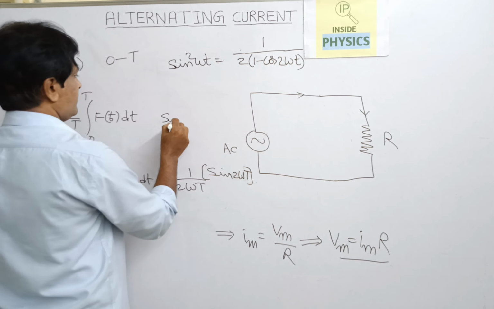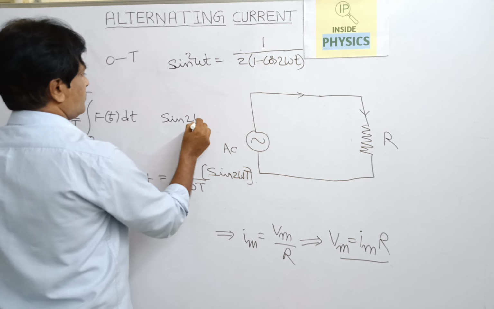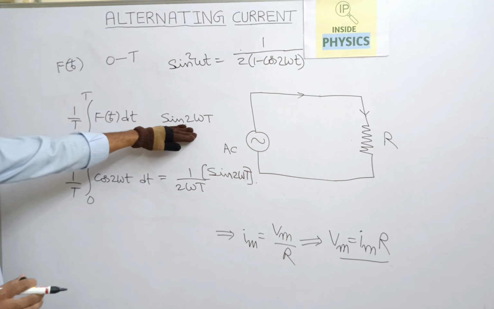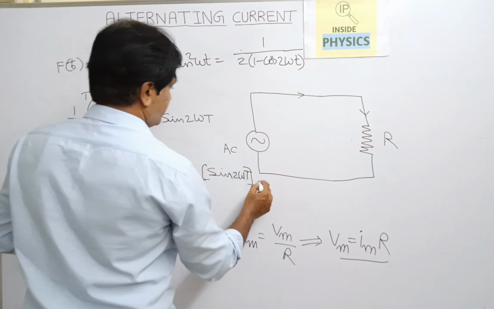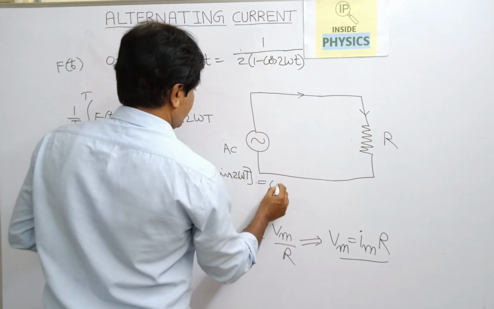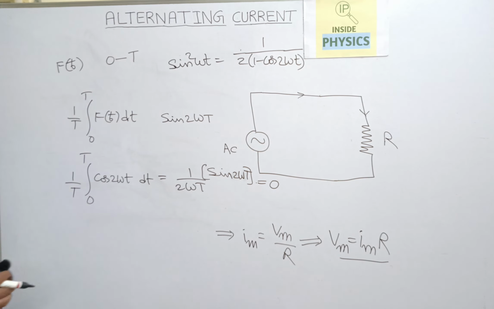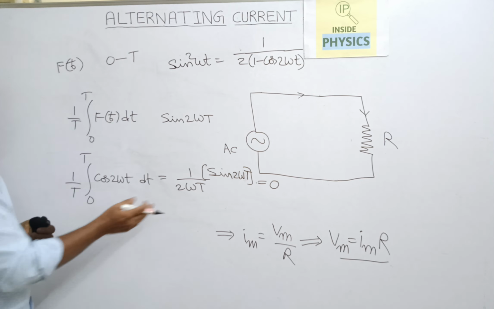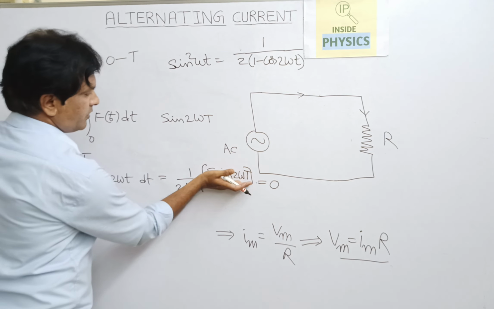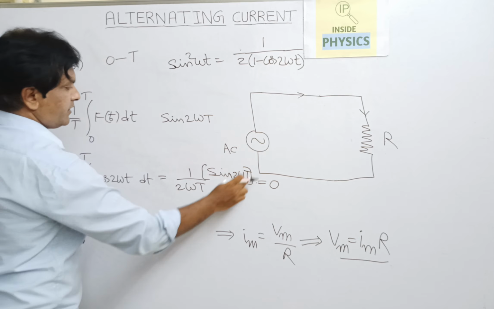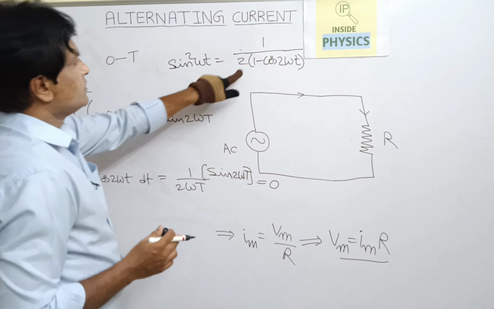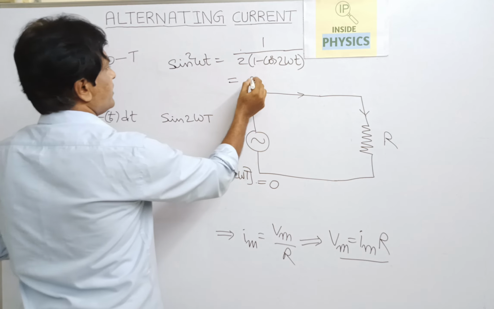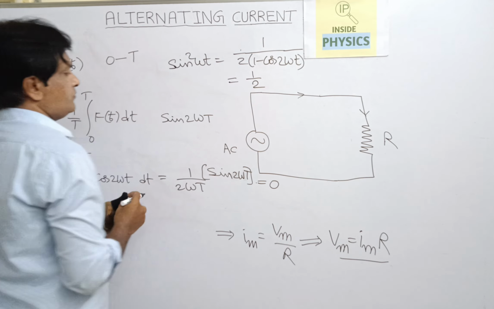We know that sine 2 omega t is always 0 at the limits, so this entire term becomes 0. So here, the average of sin square omega t becomes 1 by 2.